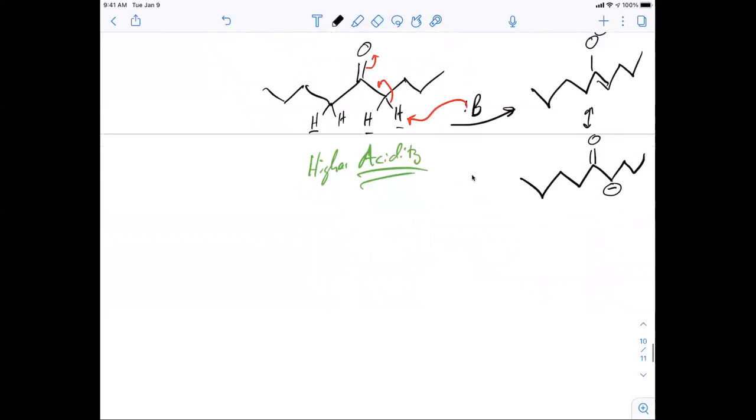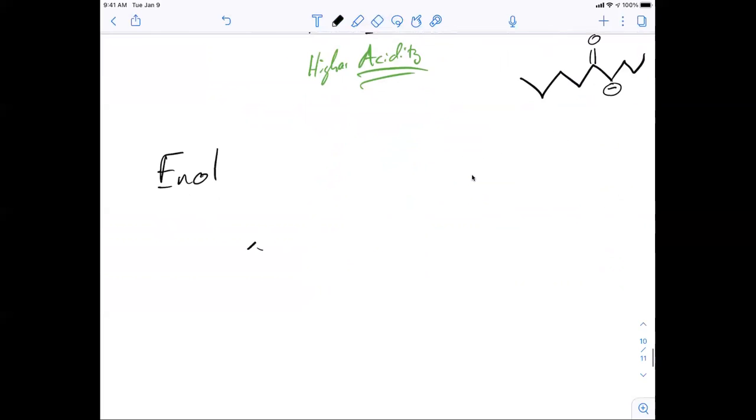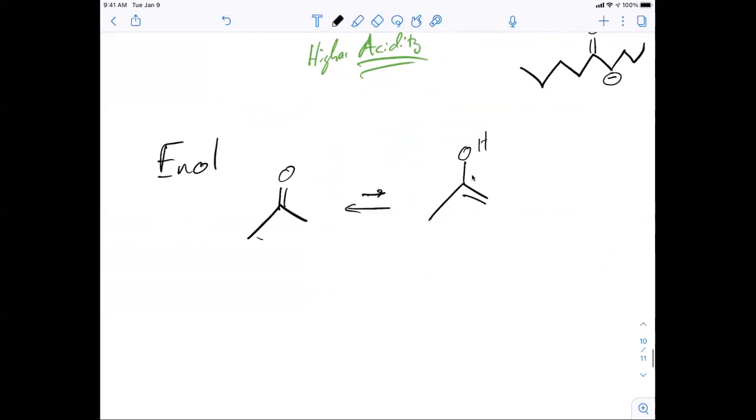The two main structures we'll be looking at are the enols and the enolates. If you remember the enols, anytime we have a ketone, it has the possibility of tautomerization, going back and forth between the ketone, the carbonyl, and the enol.